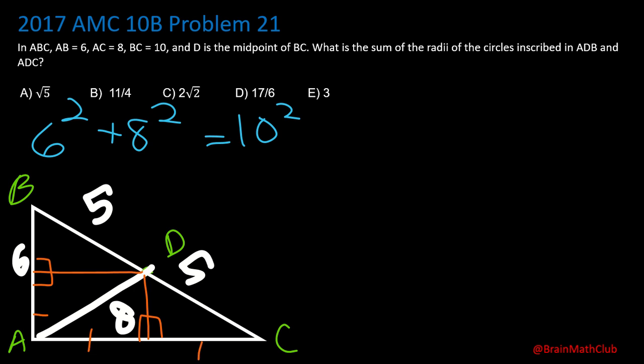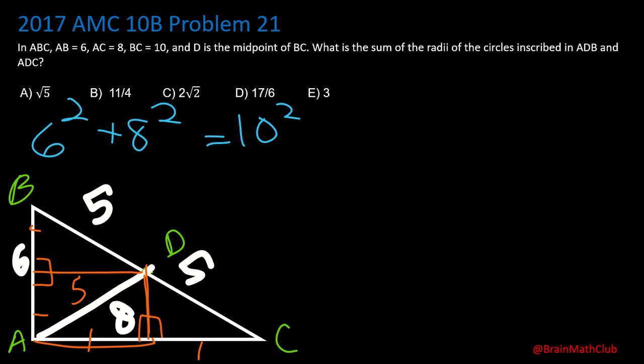Same for BA. So this length must be half of 8, meaning that's 4. And this length must be half of 6, meaning it's 3. By the Pythagorean theorem, you can get that AD is 5.